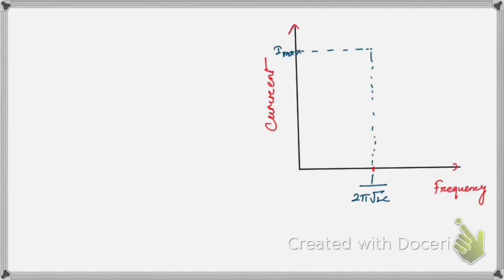If you go to either side of this point, then this graph should be like this. Current on either side will be decreasing, right? This is the graph for resonant frequency in LCR circuit. So hope you have understood this.